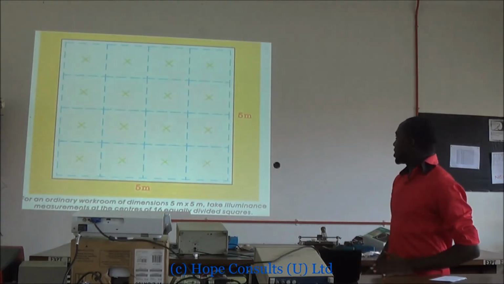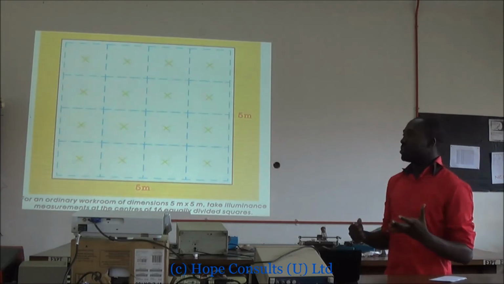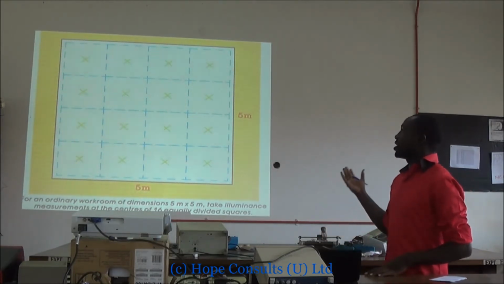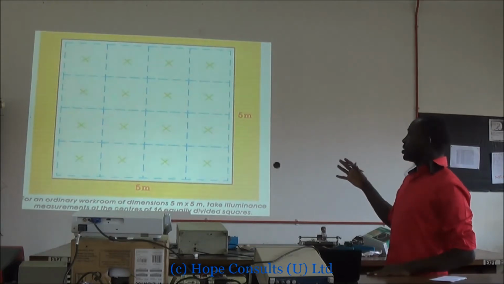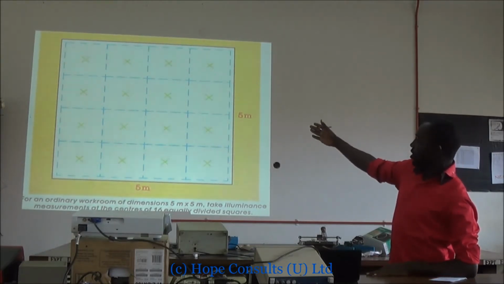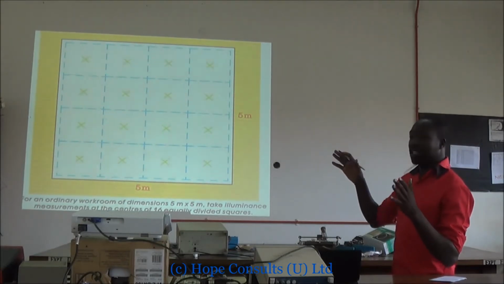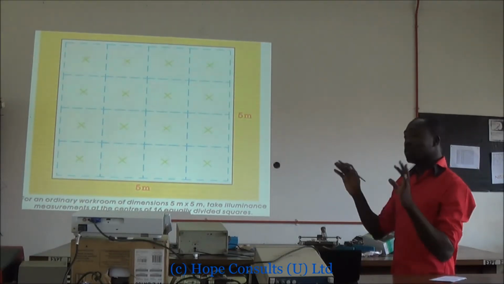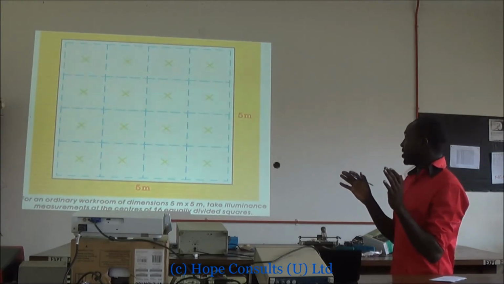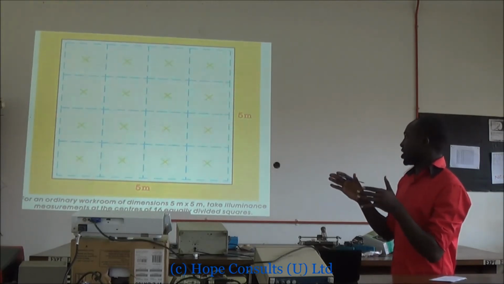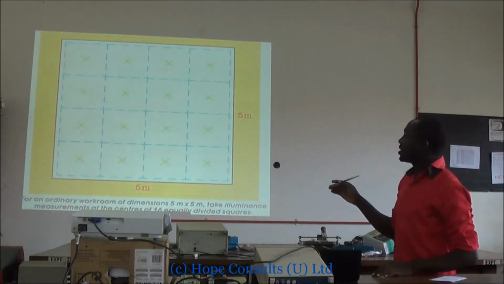Now take a case, say a wall in a place, where we need to take the luminance of the wall. We need to subdivide that area into portions, possibly squares, a number of them.